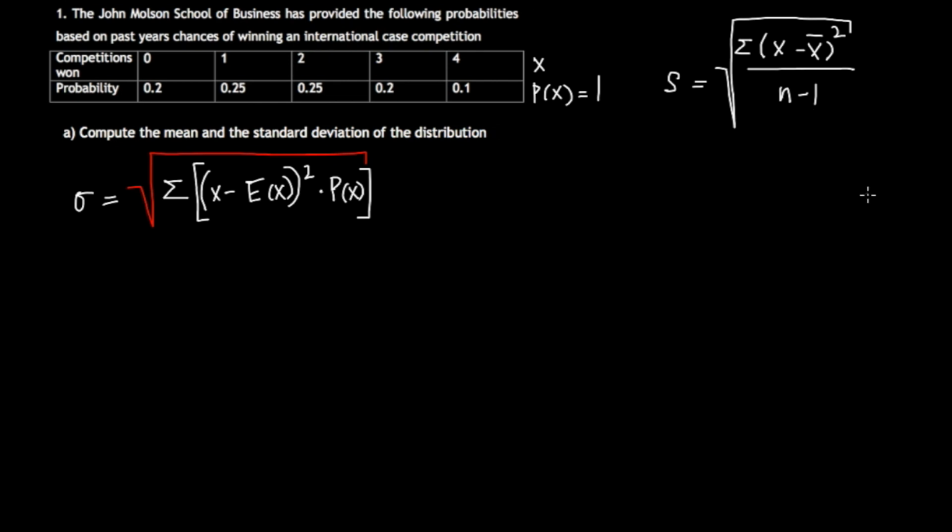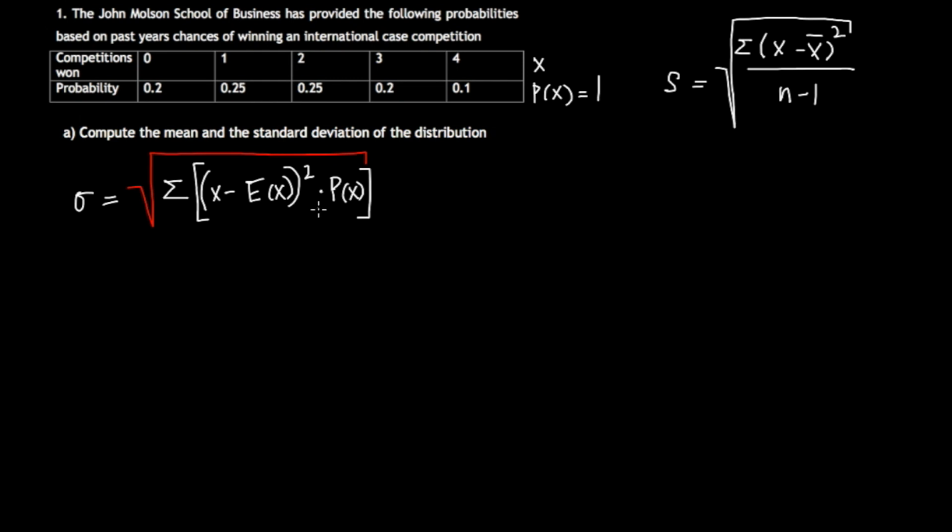Look familiar? Here, however, once again, we don't have samples. What we have are our probabilities from here on out. So the outcome minus the mean to the power of 2 hasn't changed. But we're going to multiply by the probability to determine the chance of that given outcome occurring, to get our final number, right?